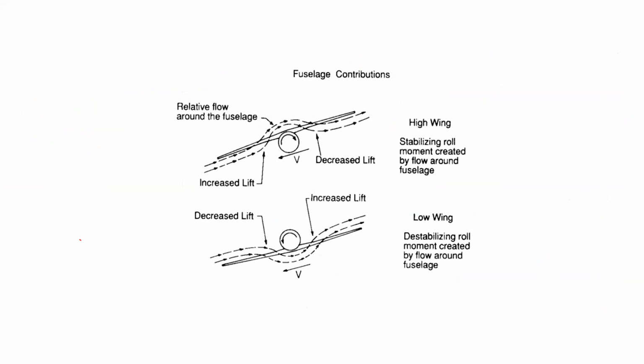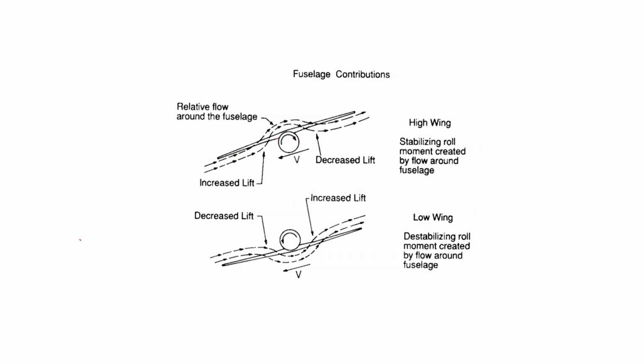Sir, this one is easy to answer, because in a high wing, we know if one side, if the wing goes down, the lift from the other side pushes it. So high wing has high lateral stability. Yes, high wing has high lateral stability. That is the right answer. But this picture gives you much more clarity, I hope.